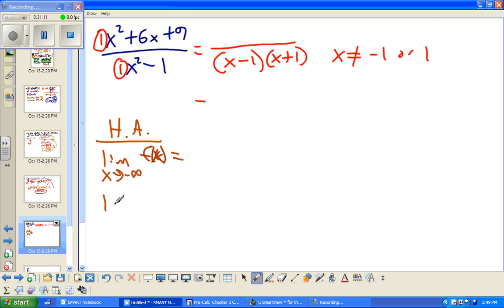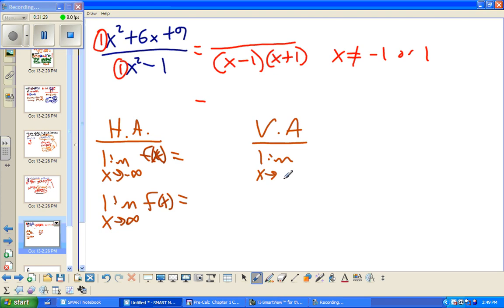And I would need to check the limit as x approaches +infinity of my function. And for the vertical asymptotes, I would need to check the limit as x approaches -1 from the left of my function.